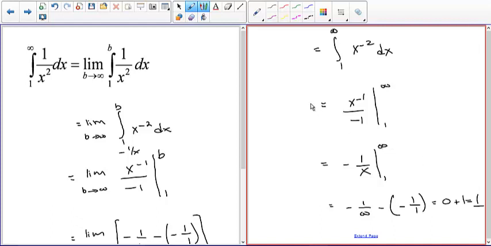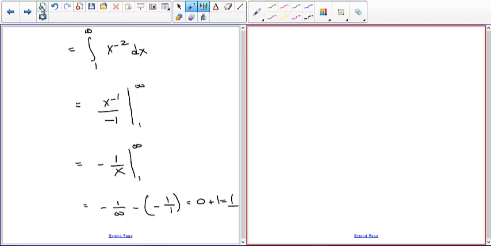So let's do one more before we call it a day. Let's do 1 over x, which I told you wasn't going to work, but we'll show you why it doesn't work. So if we integrate from x equals 1 to infinity of 1 over x dx, again, you'll take the limit as b goes to infinity of the integral from 1 to b of, in this case, x to the minus 1 power.